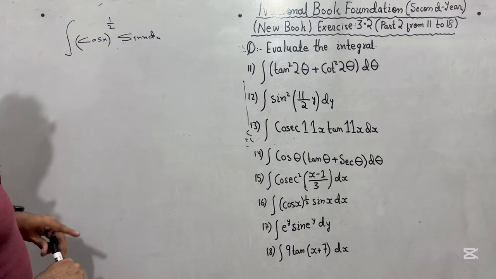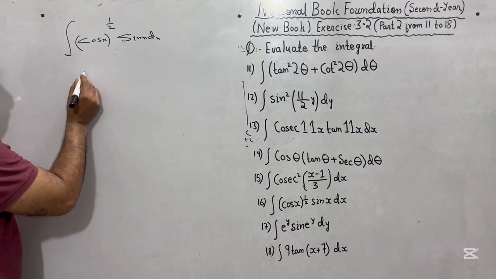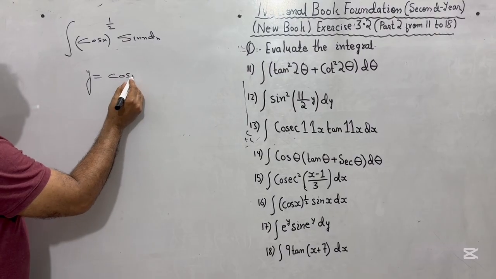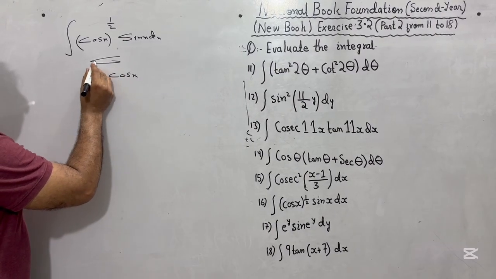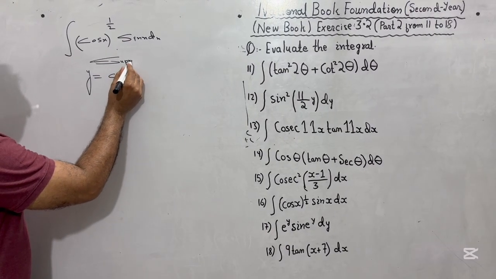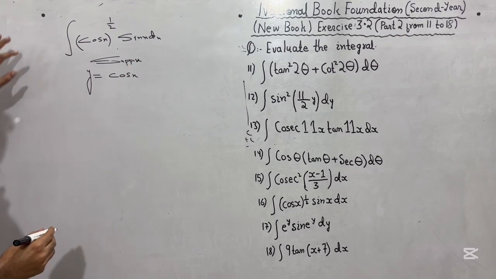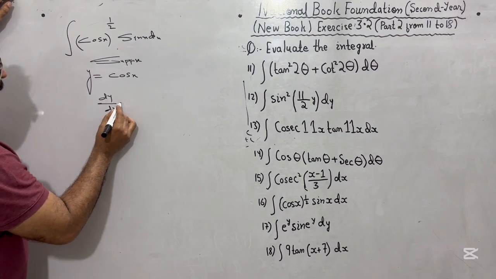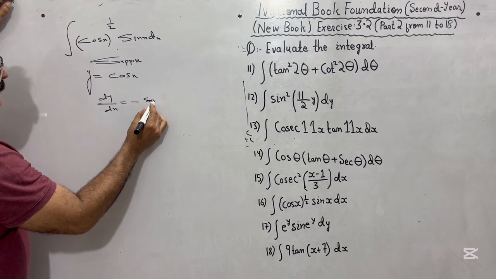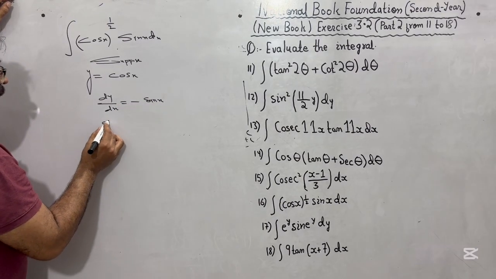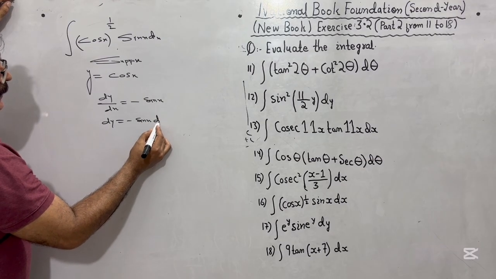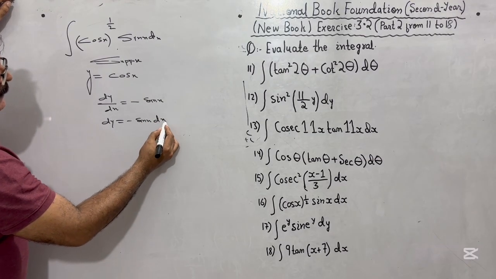Following the orthodox tradition, assume that y is equal to cos x. Differentiating, dy over dx, the differentiation of cos is negative sin x. Solving for the differential, dy will become minus sin x dx.